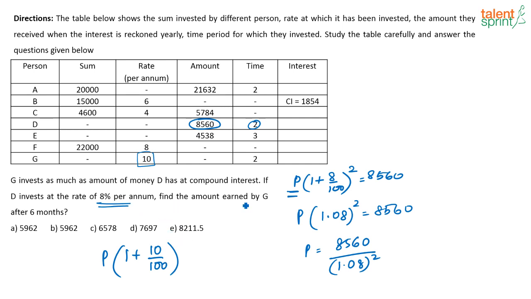Here if you look at the years, it is only 6 months or half a year, or 0.5, correct? That's what you have to find out. This value you have to get. So this is nothing but 8560 by 1.08 squared. So solve this and give me the answer.